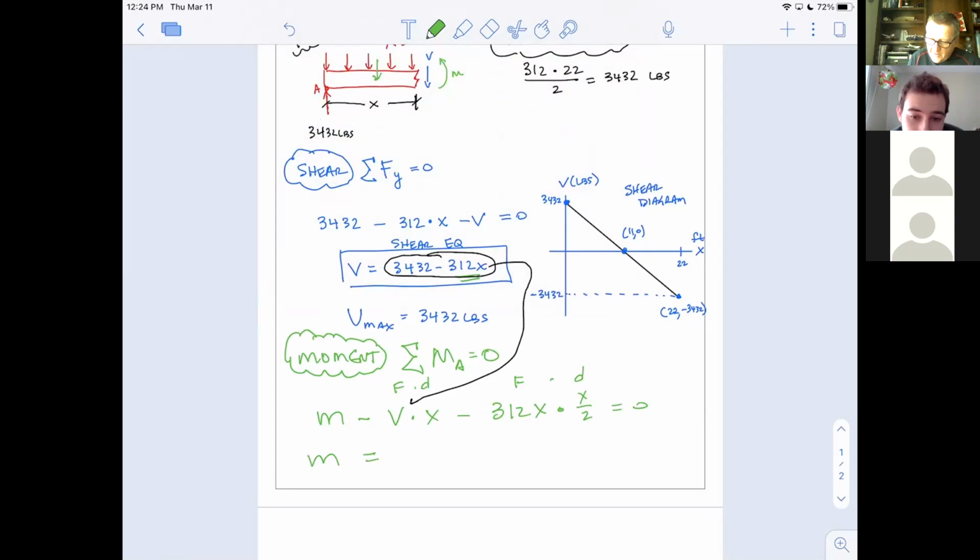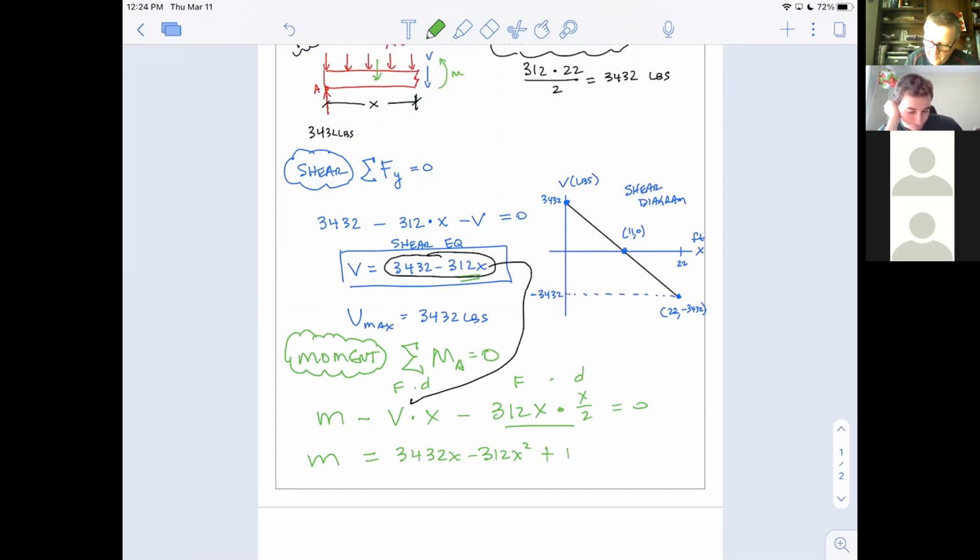So if I add Vx to the other side, if I take that blue equation and multiply it by X, don't I get 3432X minus 312X squared? And then minus this equation, which is 312X squared divided by 2. I guess that'd be 156.